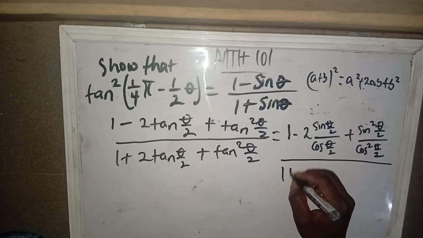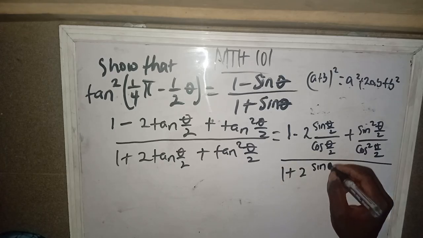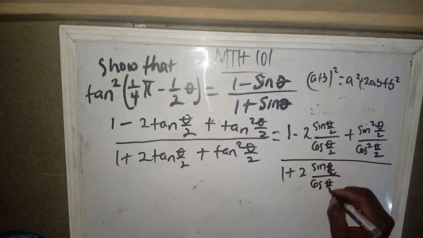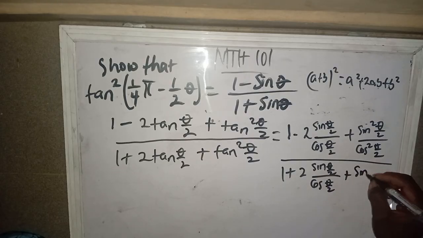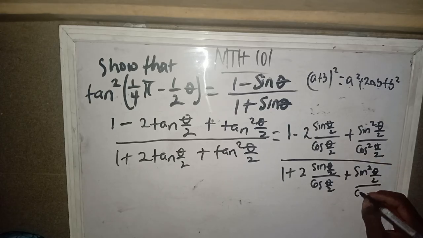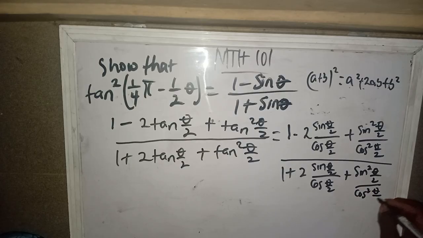Over 1 plus 2 sine theta over 2 divided by cos theta over 2 plus sine square theta over 2 divided by cos square theta over 2. Do you get it to that point? I'm changing the tan to sine and cosine function instead of tan function.